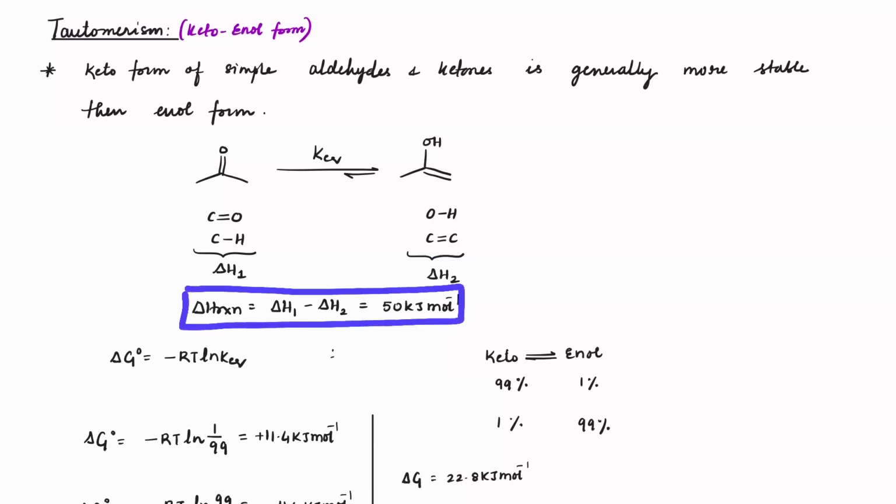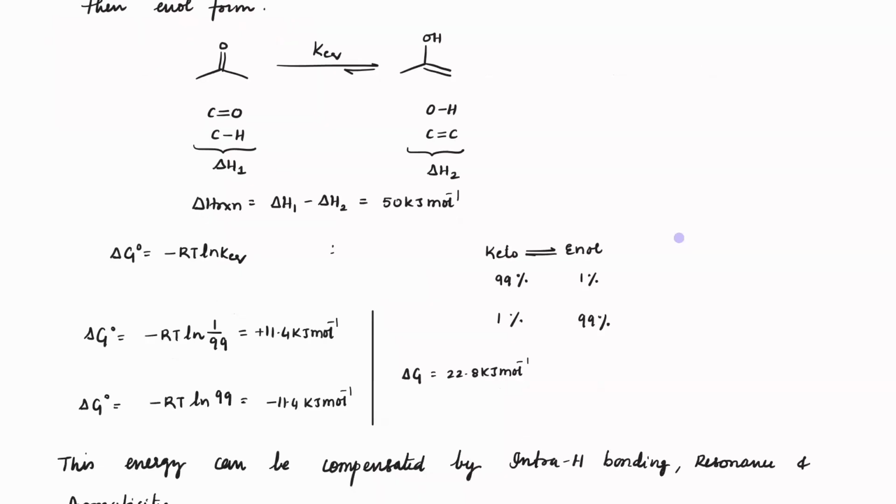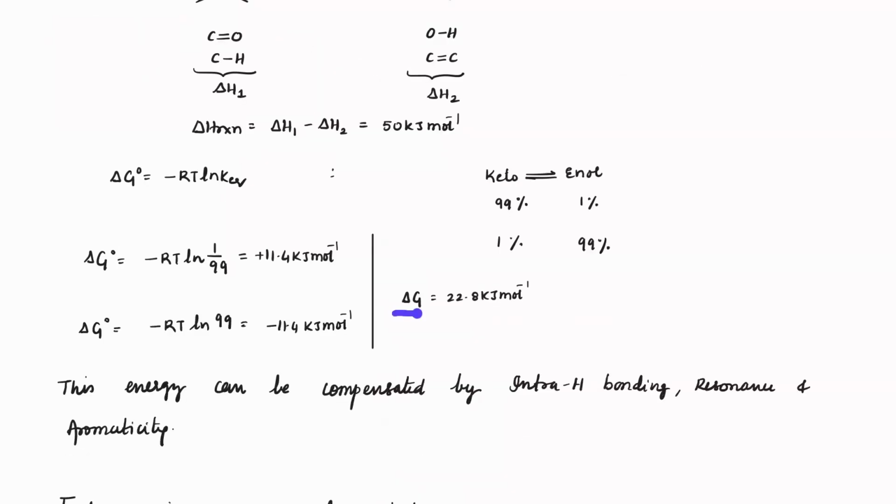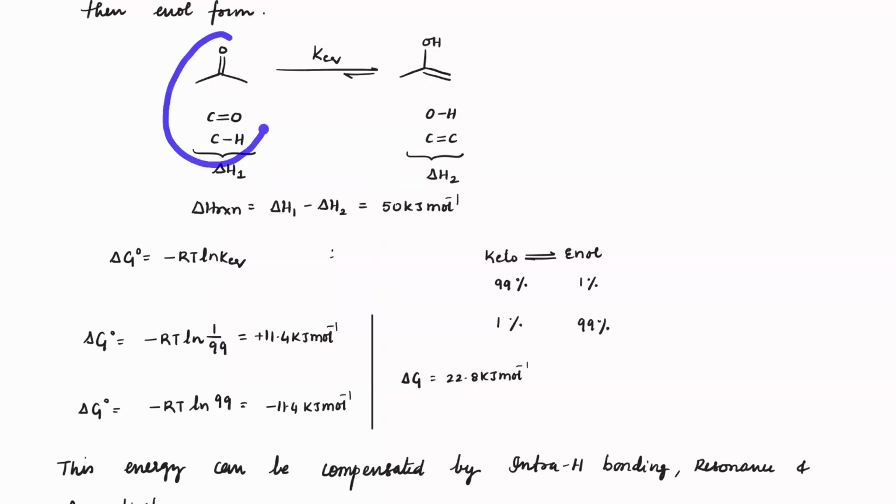It is just 50 kilojoules per mole of difference in energy, which suggests that delta G is such that K equilibrium is 1 by 99 or 99, meaning either completely ketone is present or completely enol is present. If you write K equilibrium as 99 by 1, we are expecting almost all of it to be enol, with ketone hardly present.